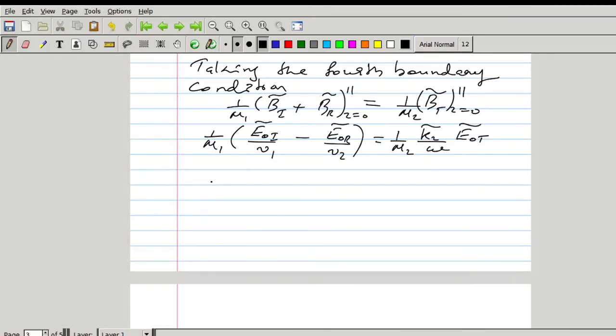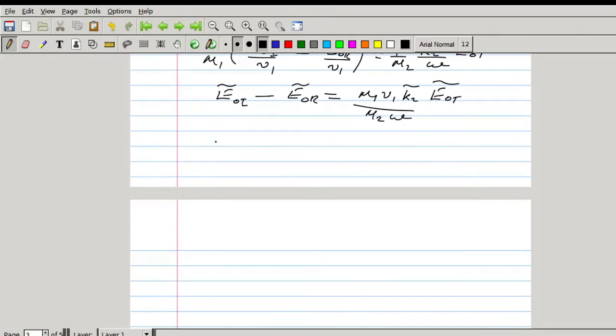Sorry, this is not V2, this is V1, since the reflected wave is in the same medium. Taking 1 by mu1 V1 common and moving mu1 V1 to the right hand side, from this equation we can write E0I minus E0R as mu1 V1 K2 complex by mu2 omega E0T. This coefficient on the right hand side I am writing as beta.